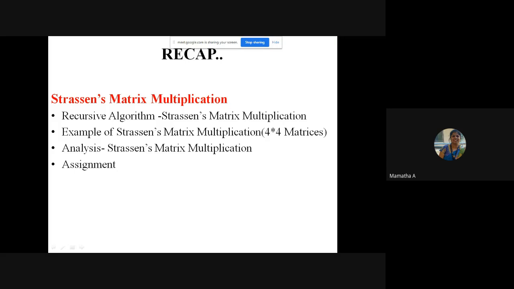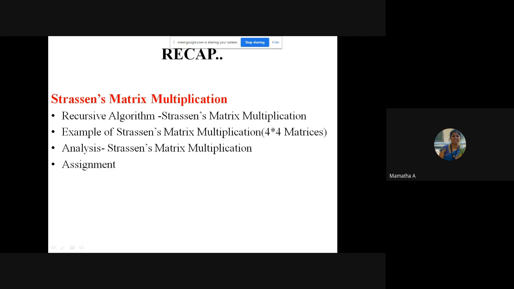You remember? Normal matrix multiplication was n to the power what? 3, ma'am. And Strassen's gave how much? n to the power? Could you remember? At least approximate, not the exact.